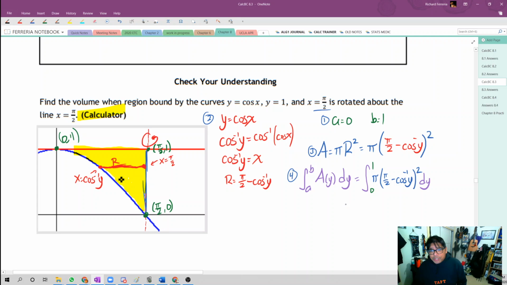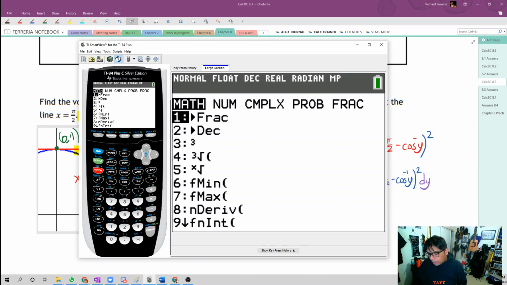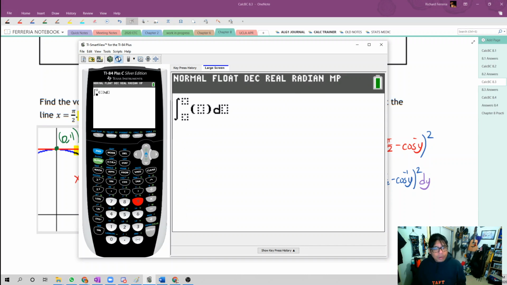We don't actually have to do any more than that because we're going to be doing this on our calculator. So let's grab our calculator now. From the home screen, we're going to call up our integral, and we're going from 0 to 1.